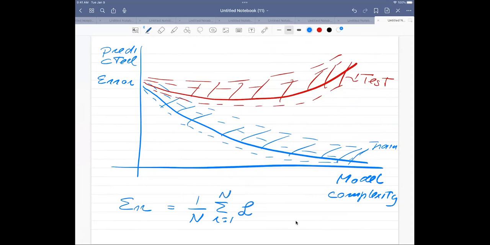And then we have this function L of y of i, and then we have the specific model we produced with that specific training set and test set. And then we calculate the average of all these mean squared errors. So every time you perform an experiment, you produce one mean squared error here, you produce another one here for that same model complexity, and then you simply collect all these and produce the error.